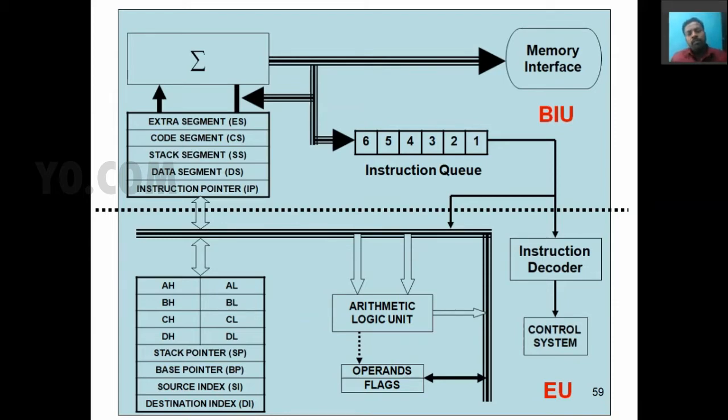The bus interface unit has the segment registers, queue, memory interface, and memory interface control system. These are the basic building blocks of the architecture of the 8086 microprocessor.